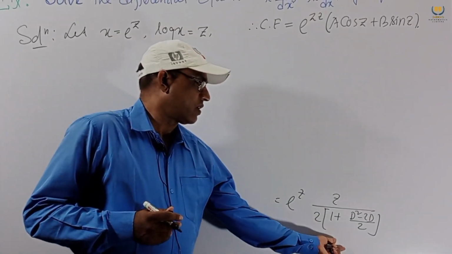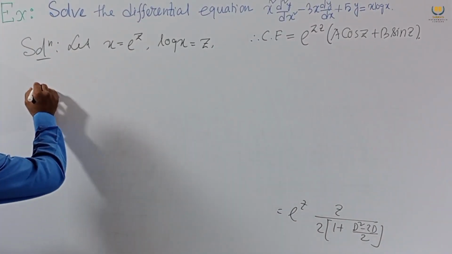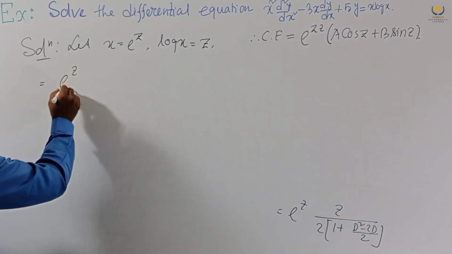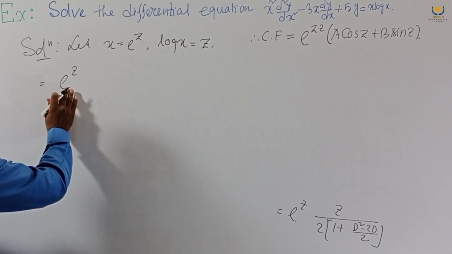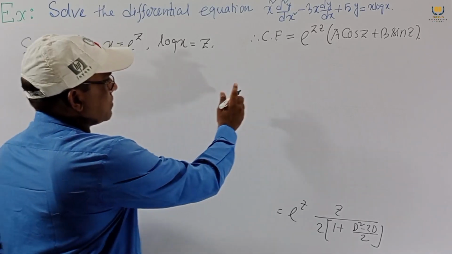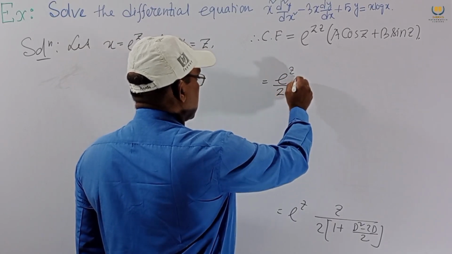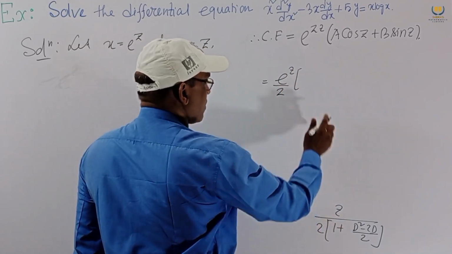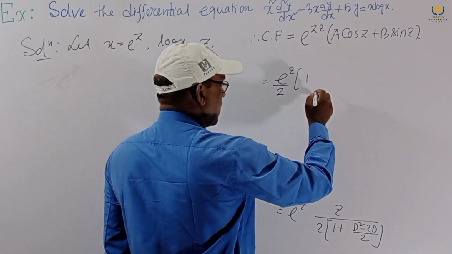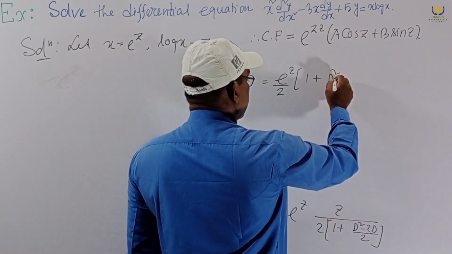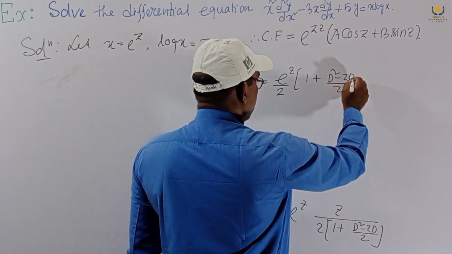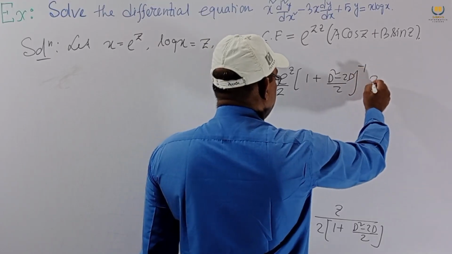Now we are taking this one in the numerator. This is e to the power z by 2, and if we take this one to the numerator we get 1 plus (D squared minus twice D by 2) whole to the power minus 1, z.